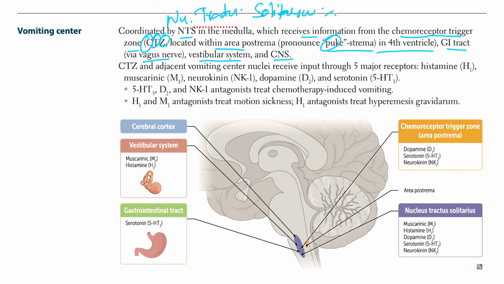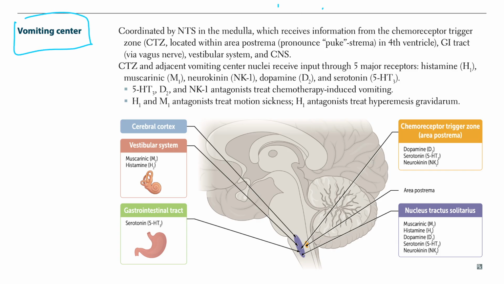So what are we trying to say here? We are saying that the vomiting center is coordinated by the NTS, which is in the medulla. Now the NTS receives information from a couple of areas. First, the chemoreceptor trigger zone, which is in the area postrema in the 4th ventricle.